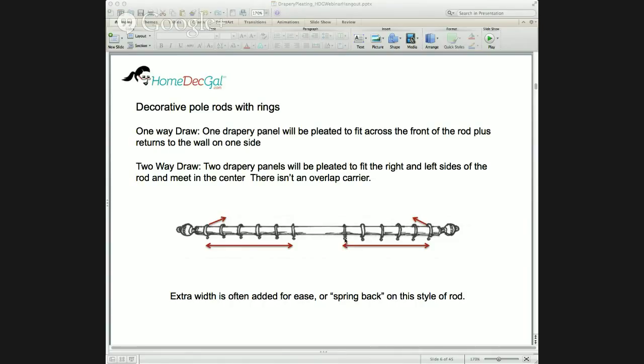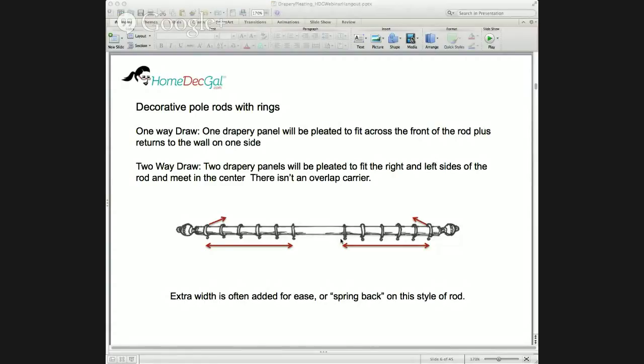So you're not going to have a way to overlap them. And this last ring is going to go on that last area past your pleat. You want to allow extra for ease or spring back when you do this style of rod, because as you pull the drapery with the rings close together in the center, you don't have that overlap allowance.